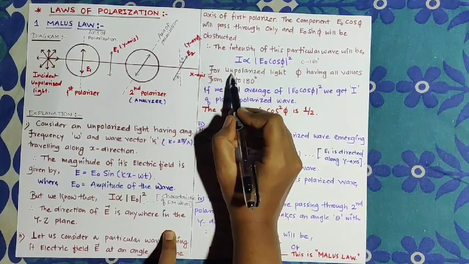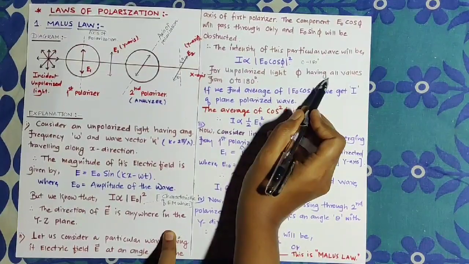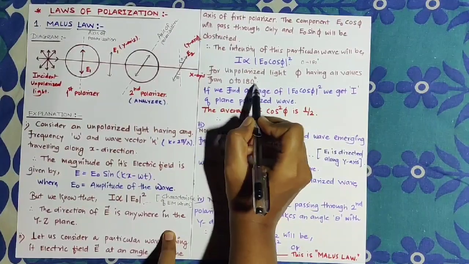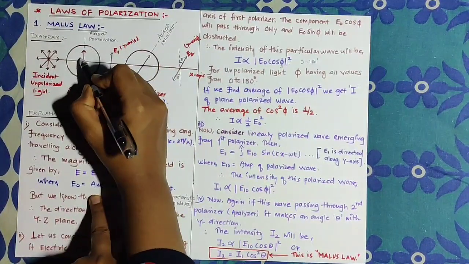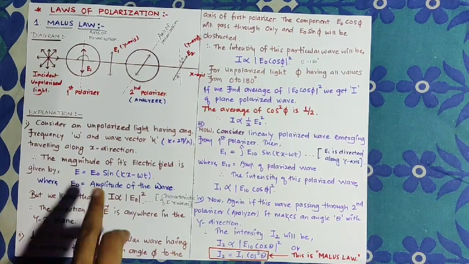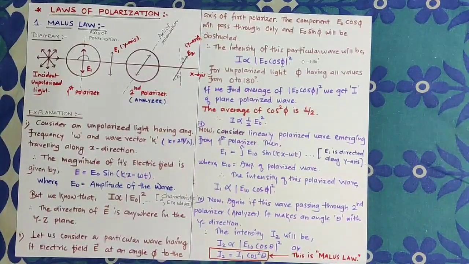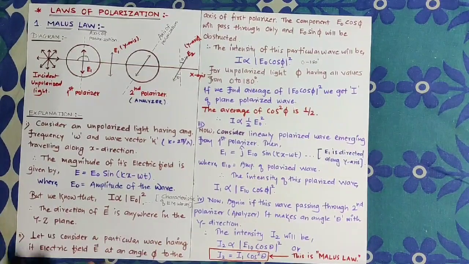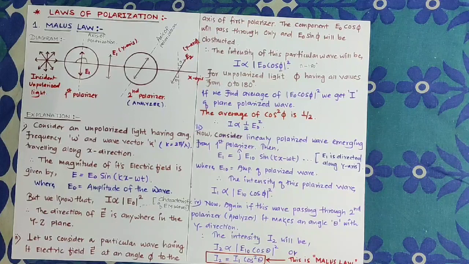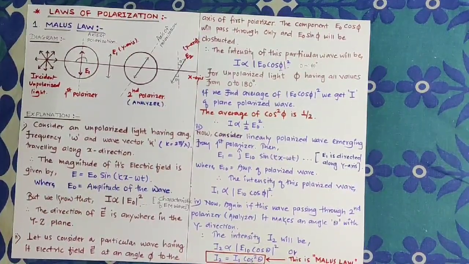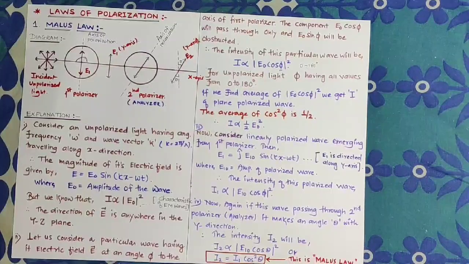See, I wrote here that for unpolarized light phi has all values from 0 to 180 degrees, because this represents how much? 180 degrees, right? Hemisphere. The total angle is 180 degrees. So this value, I proportional to (E0 cos phi) the whole square, represents a particular wave.